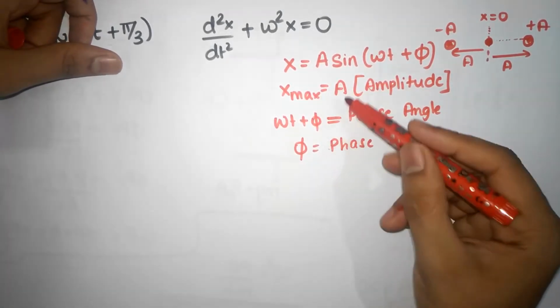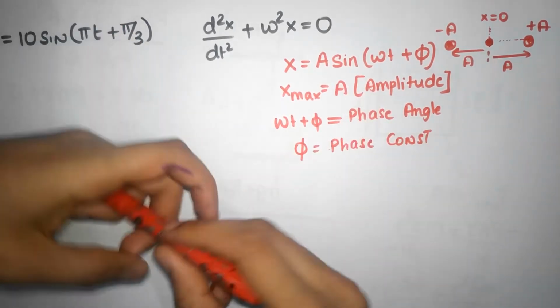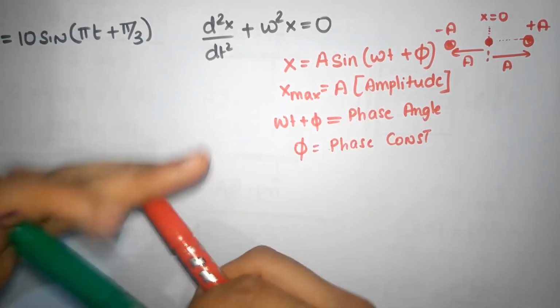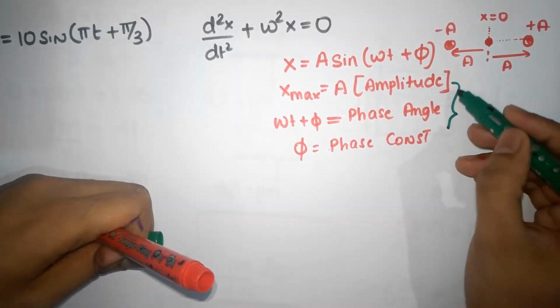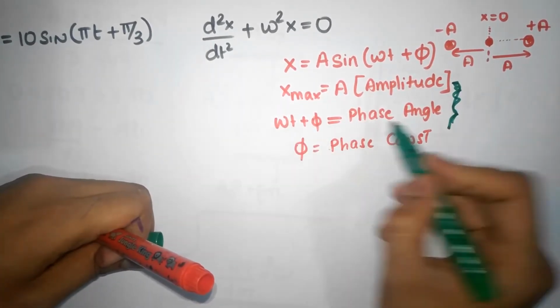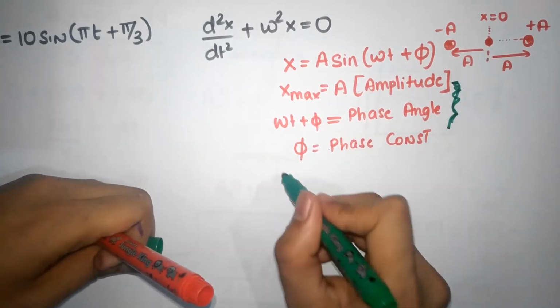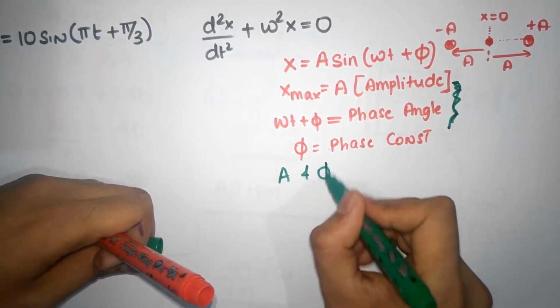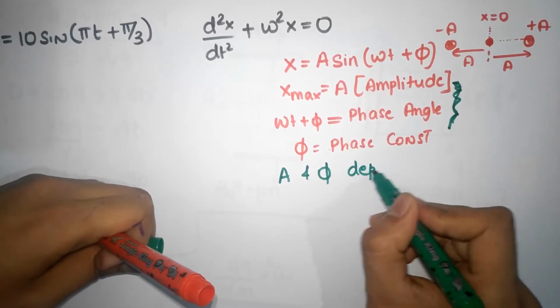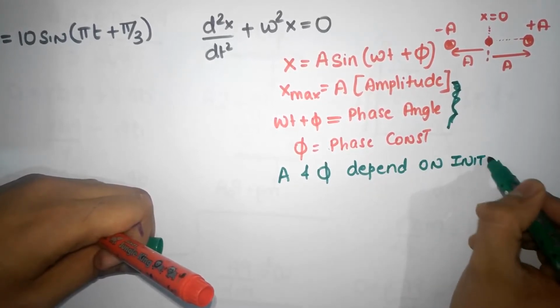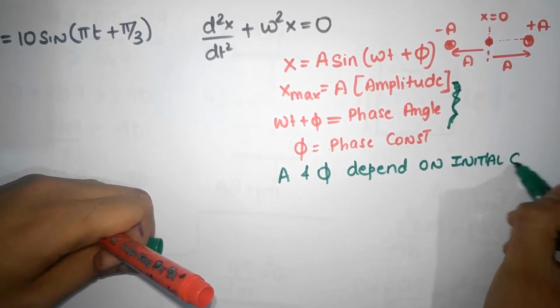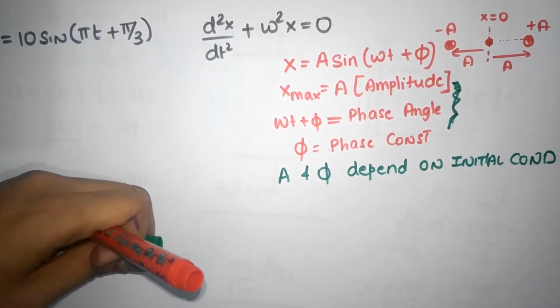Actually, these two, amplitude and the phase constant, both depend on initial conditions. So let me just write that down. A and phi depend on initial conditions.